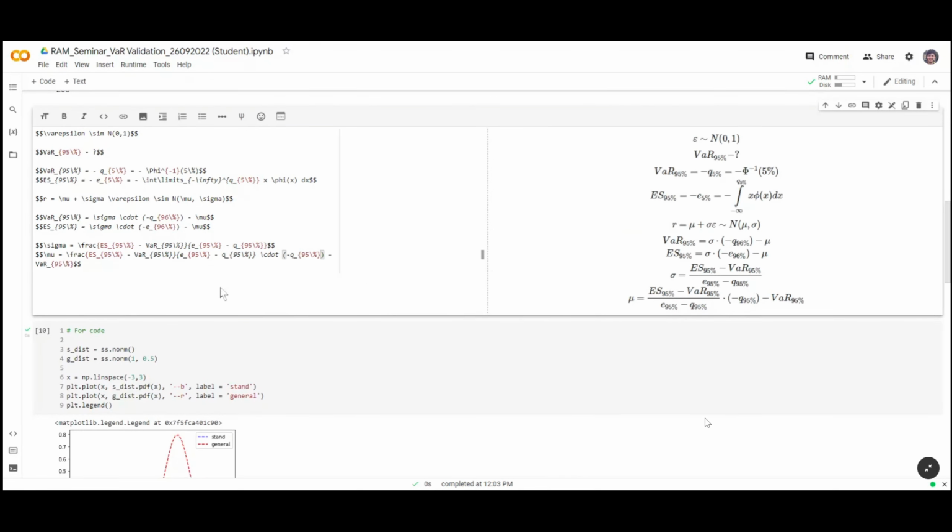Okay. And now it's pretty easy to understand. Now we calculate Q 95% and E 95% for standardized distribution, right? VAR, we know VAR, so we can put the value for it in all those expressions.